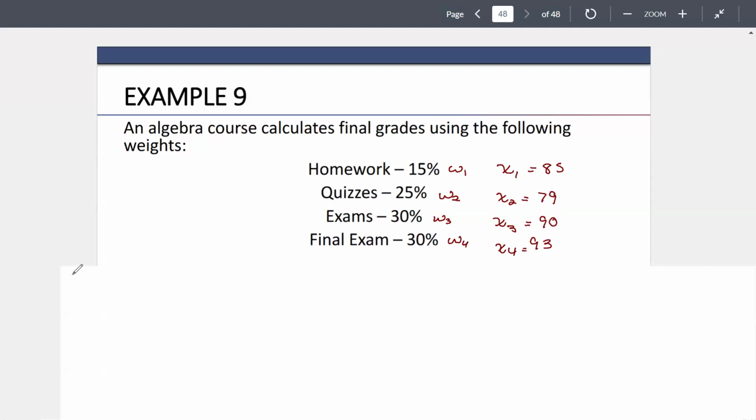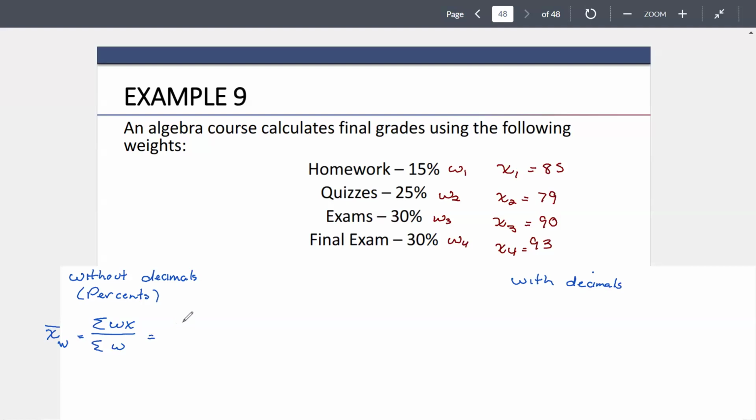So I'm going to do this with the percents. So what we have here is that if I want my x-bar, I need a summation of the weights and the x's divided by a summation of the weights.